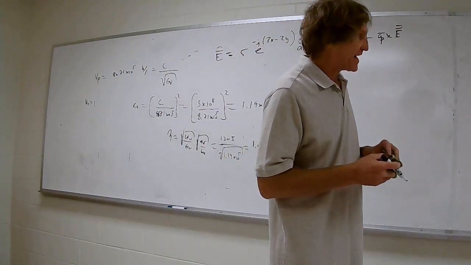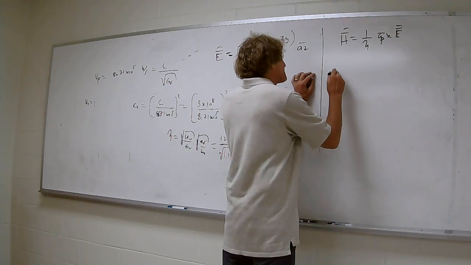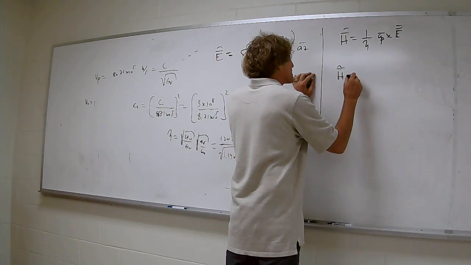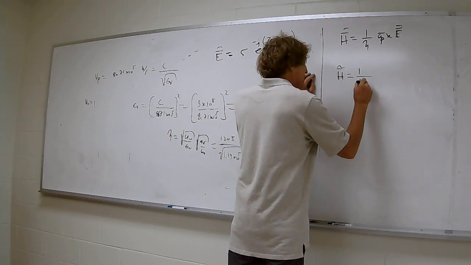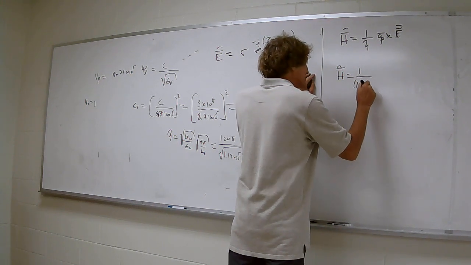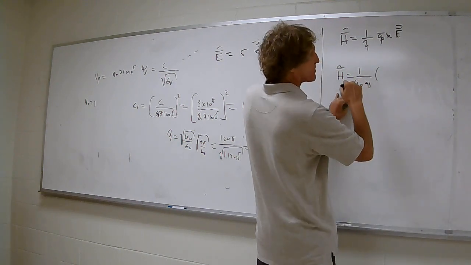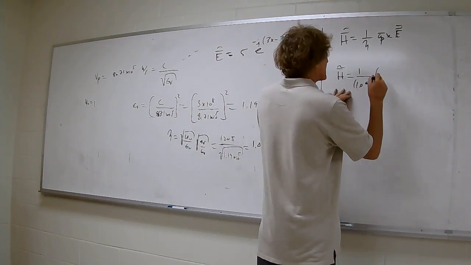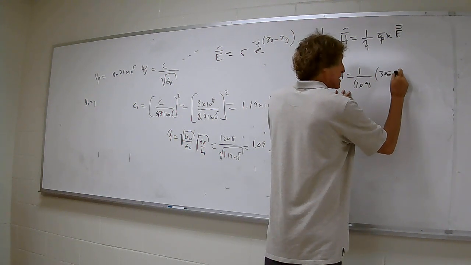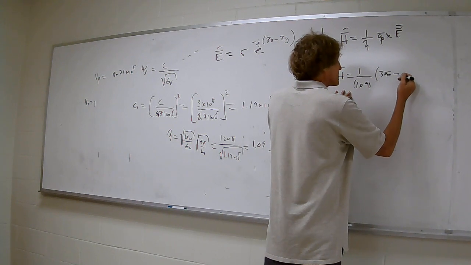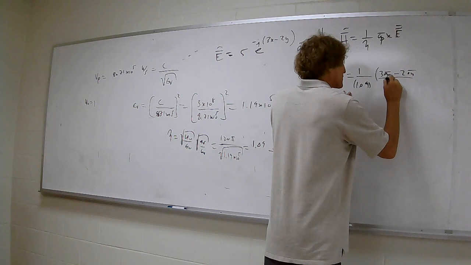Now let's get the H field. Let's see if we get his H field. So our H field is going to be 1 over 1.09 ohms. 1.09, man, that's about 1. Remember what AP was? It's 3 over root 13, in decimal form. Just 3 AX minus 2 AY, over the square root of 13, right?